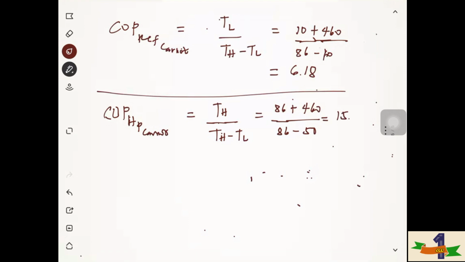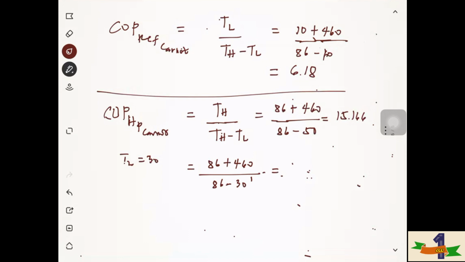For temperature TL of 30, this is 86 plus 460 over 86 minus 30, that is 9.75.